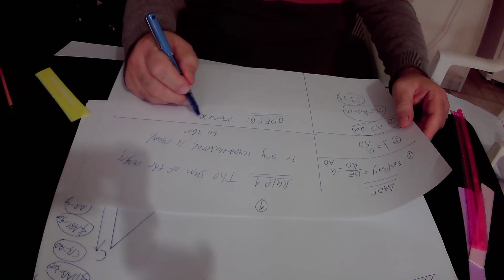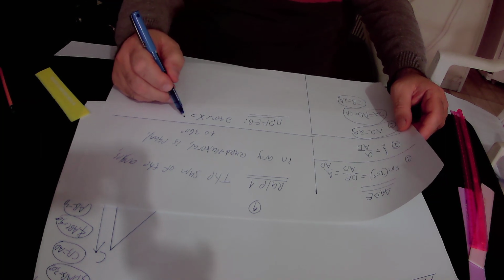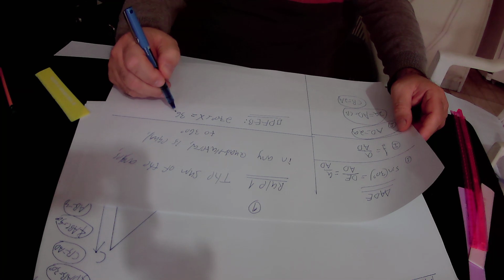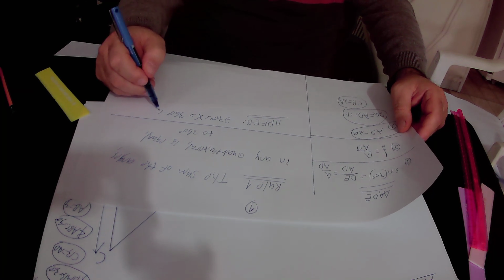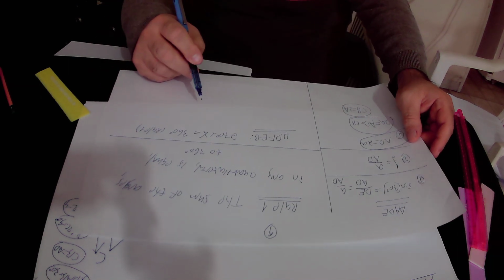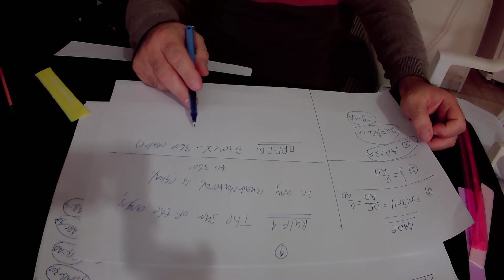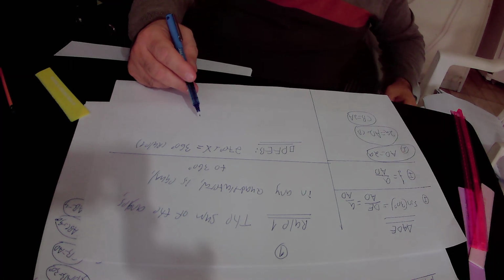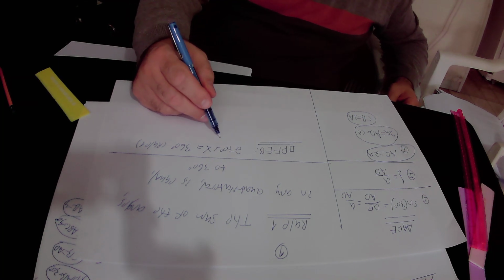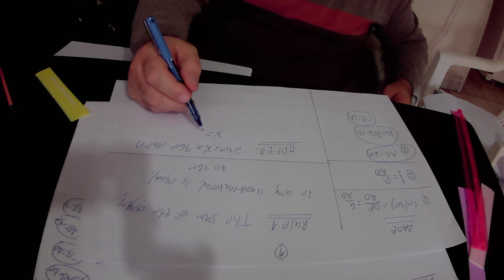So the sum of all four angles in quadrilateral DFEB must be equal to 360 degrees according to rule number 1. So here we will subtract 270 degrees from this equation, and we will get that the value of angle X equals 360 degrees minus 270 degrees, which is 90 degrees.